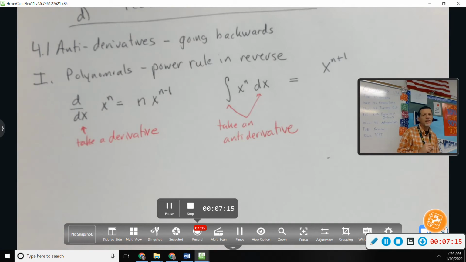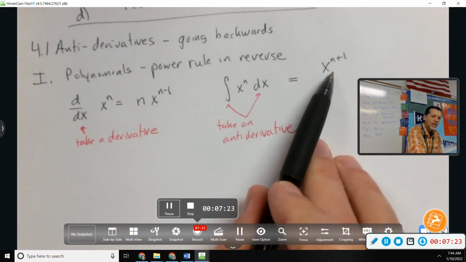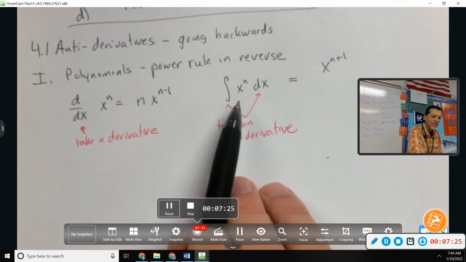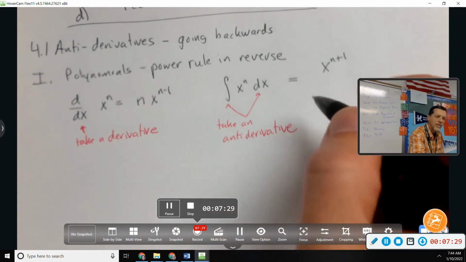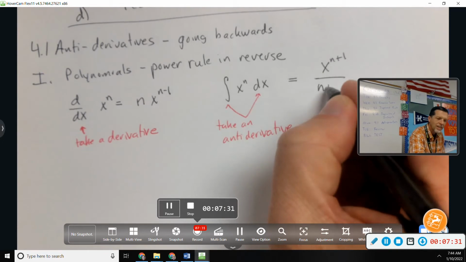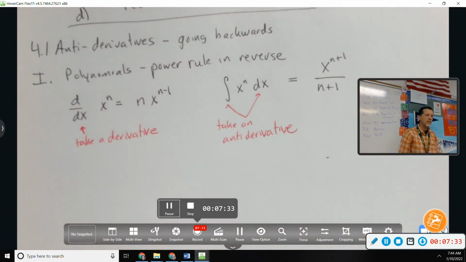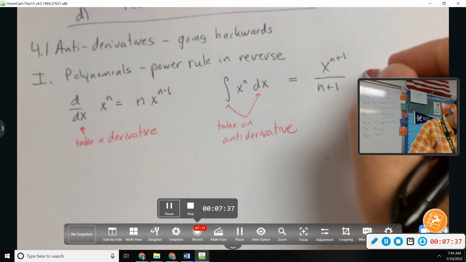But I need a coefficient fix there. If I take this derivative, I will get back to x to the n, so that's right, but I'd have n plus 1 out front. So in order to fix that, let's divide by n plus 1. And then don't forget the plus c.